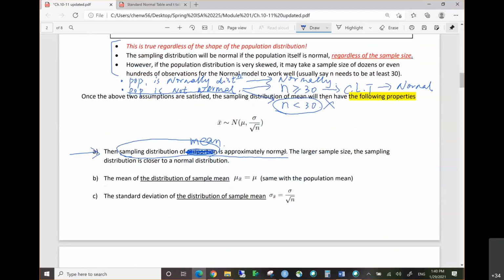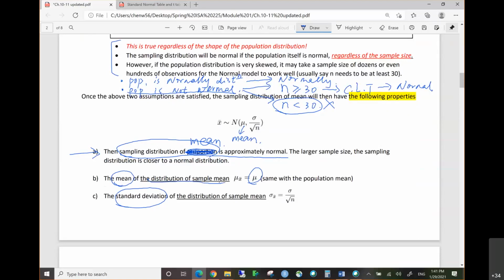Again, for a normal distribution, we still need to describe its mean and its standard deviation. So what is the mean for the sampling distribution of mean? The mean of this normal distribution will be just the population mean, mu.